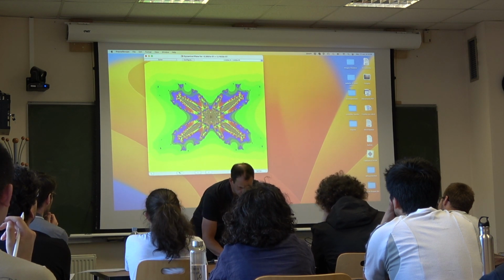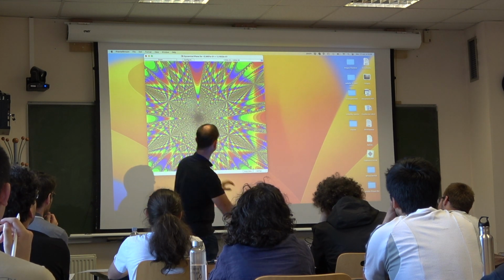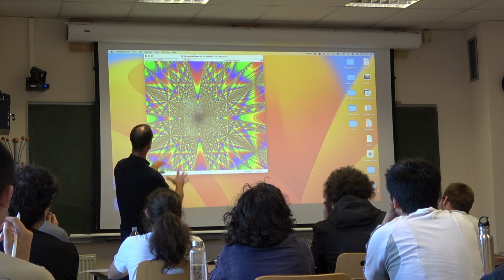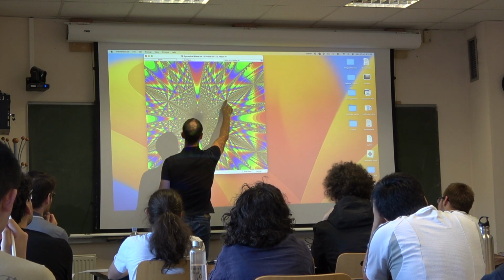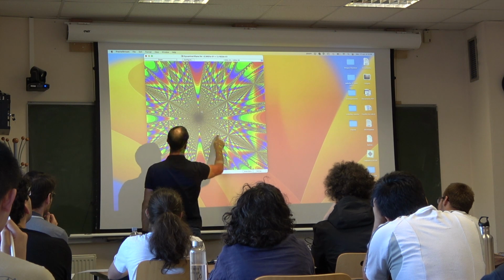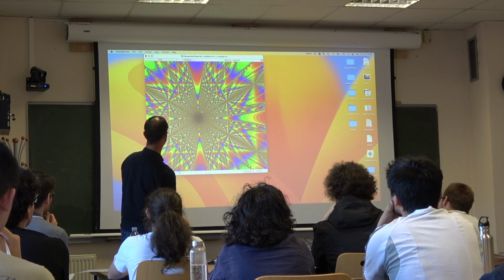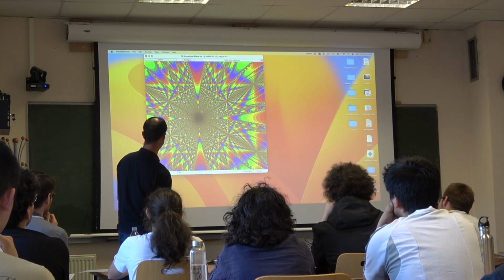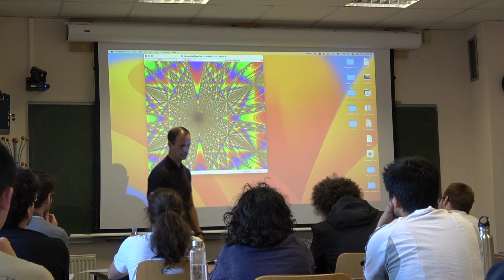If I zoom close to the origin, maybe you can see some symmetric pattern. I can see almost a square somewhere like this. And if I look from far enough, I will see some kind of hexagons, so there seems to be some structure in this picture.